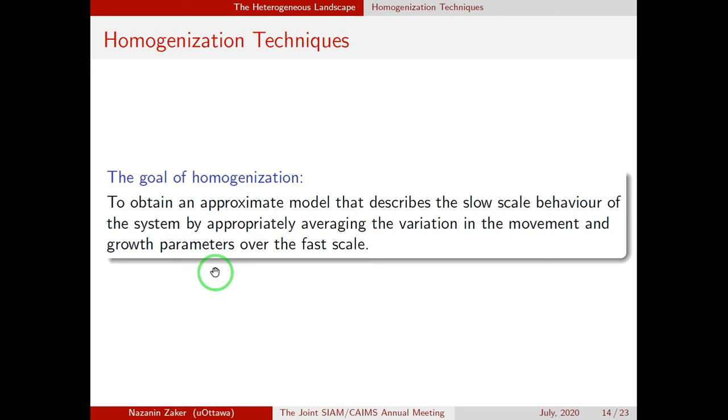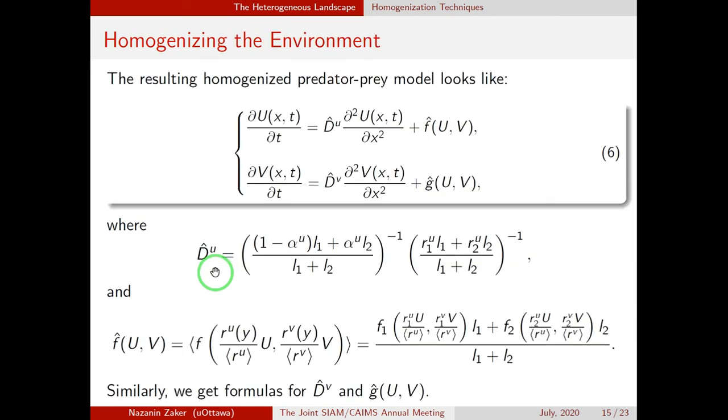By doing this, we come up with the homogenized model, where the coefficients are constant. These coefficients of the homogenized model are the average of the coefficients of the heterogeneous model, and this average is not the simple arithmetic mean. It's less intuitive, and we have to use mathematical theory to find these coefficients.